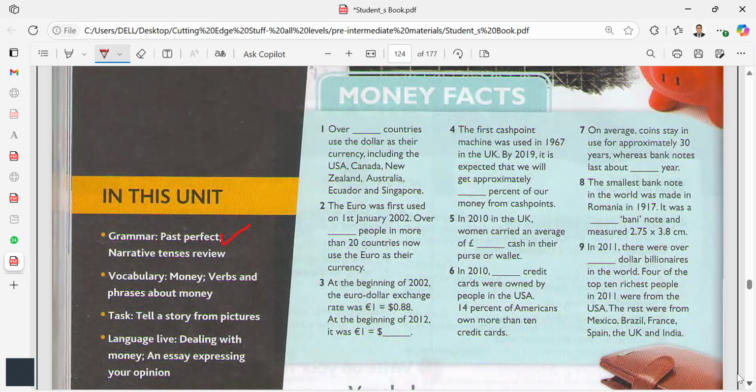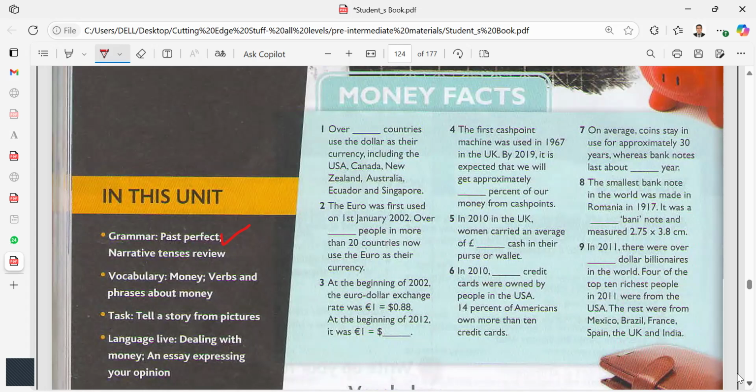Over 332 million people in over 20 countries now use the euro as their currency. 3. At the beginning of 2002, the euro-dollar exchange rate was €1 equals 88 cents. At the beginning of 2012, it was €1 equals $1.33.